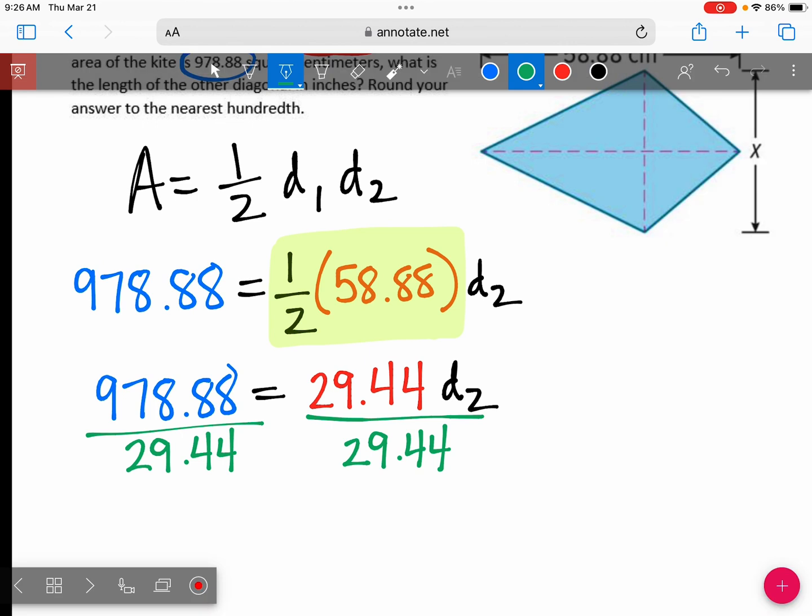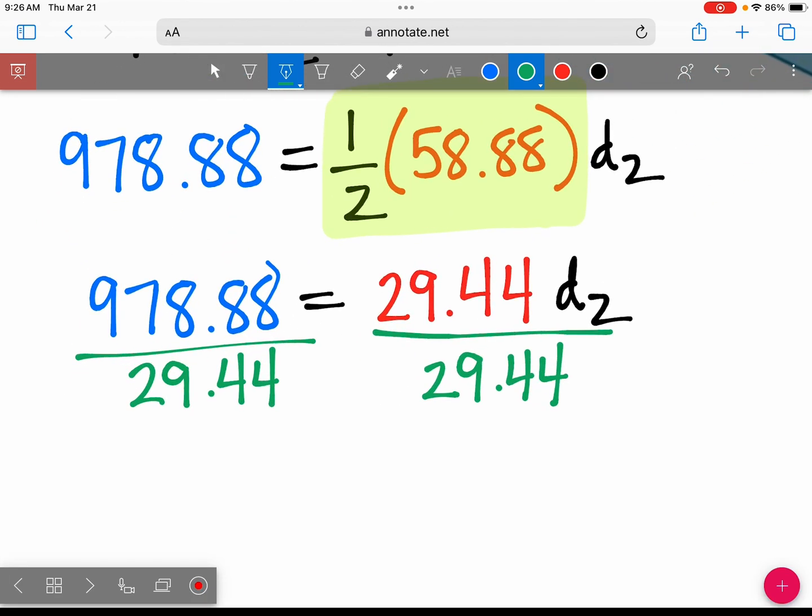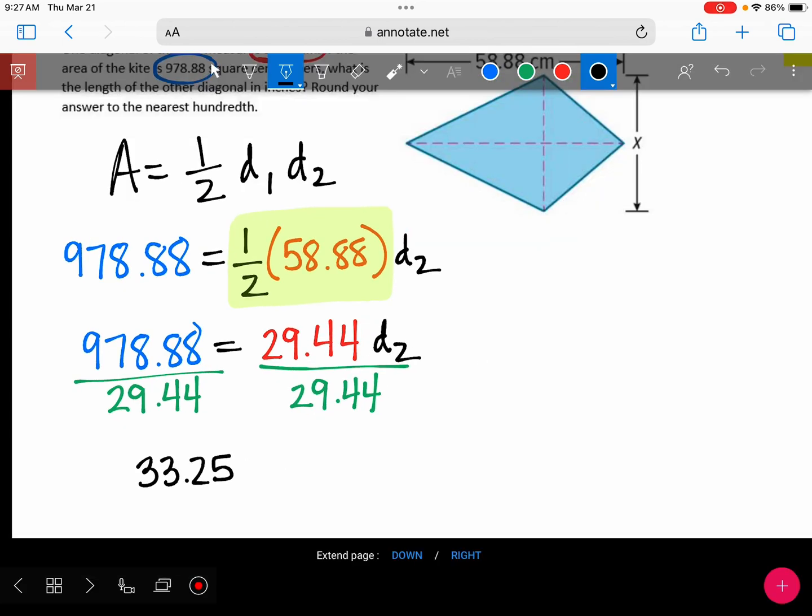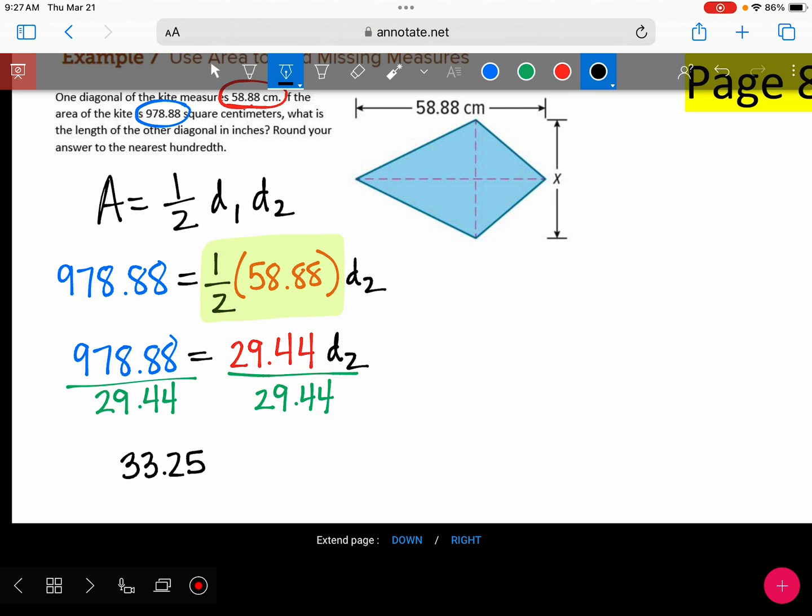Take 978.88 and divide that by 29.44. And what's the unit? Centimeters. And that would be your answer.